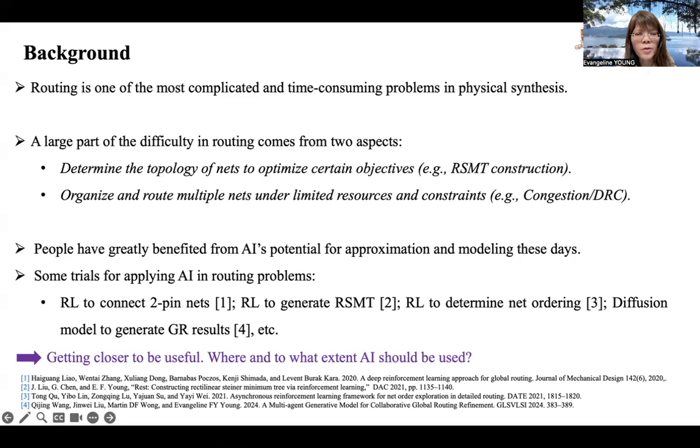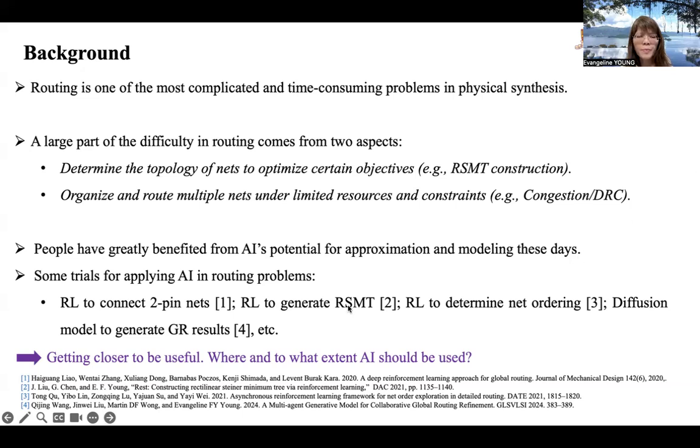So there have been works on doing AI for routing. For example, a few years back, we had reinforcement learning to connect a two-pin net, and then reinforcement learning to generate RSMT from our group, and then also RL to determine the net order or to add Steiner points.